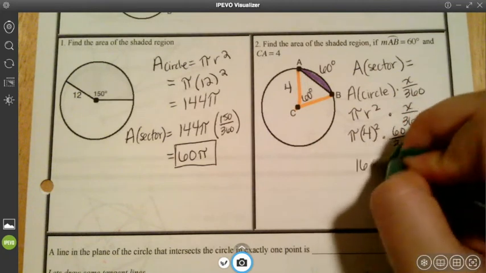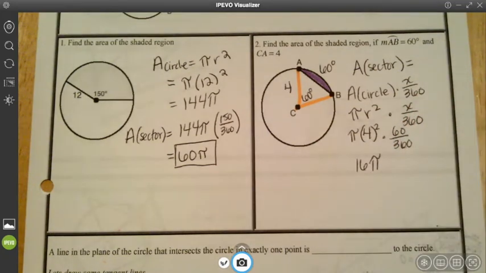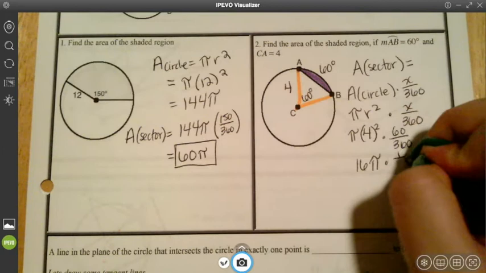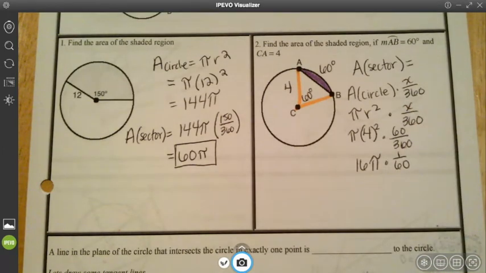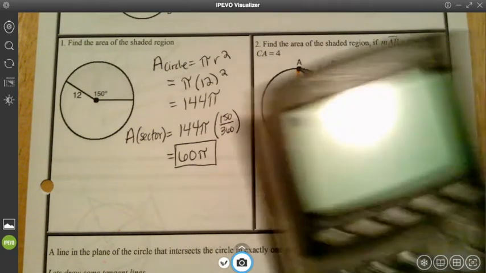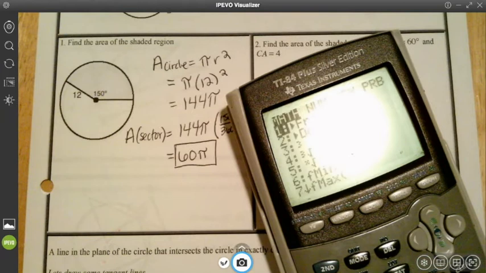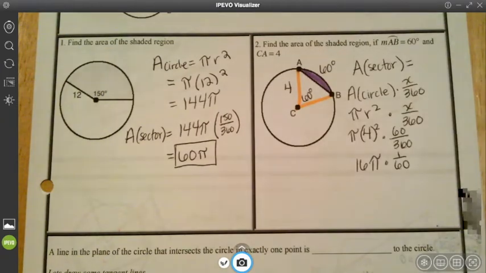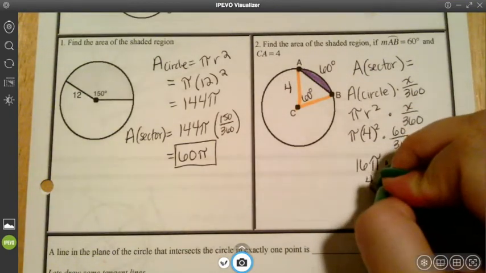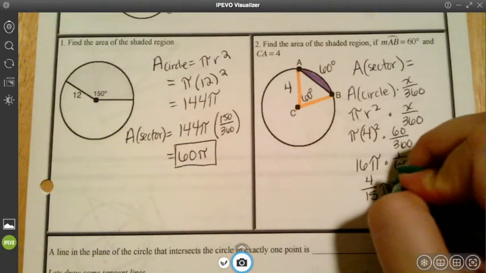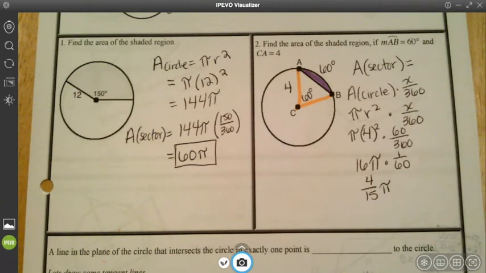That is 16 pi. We can actually reduce 60 over 360, 1 over 60. You don't have to reduce it. We're going to put it in the calculator anyway. 16 over 60, or 16 times 1 over 60, leave it as a fraction, is 4 over 15. So we have 4 over 15 pi. And I've just realized 60 over 360 is not 1 over 60, it's 1 over 6.